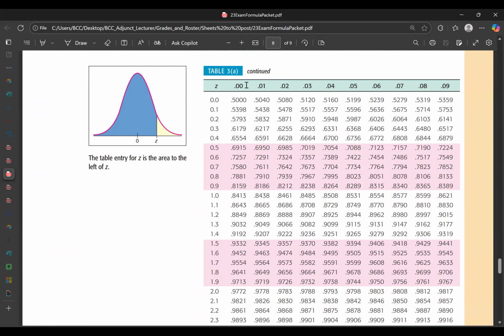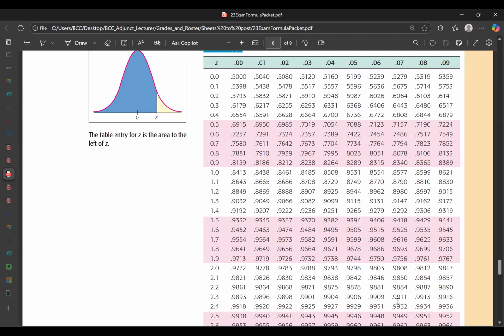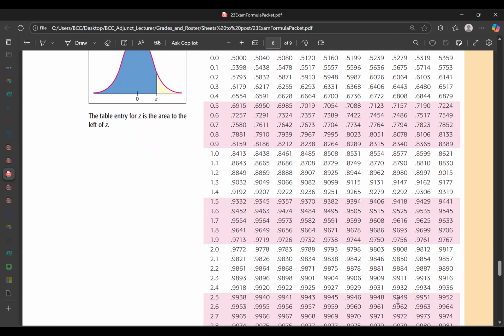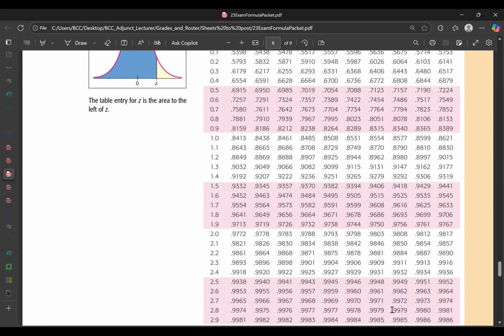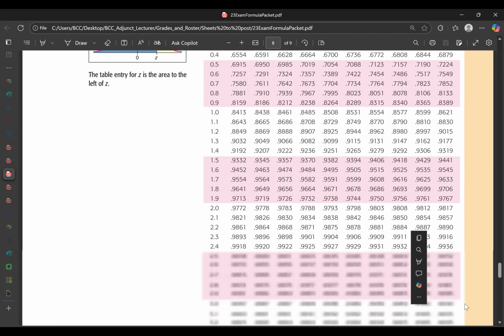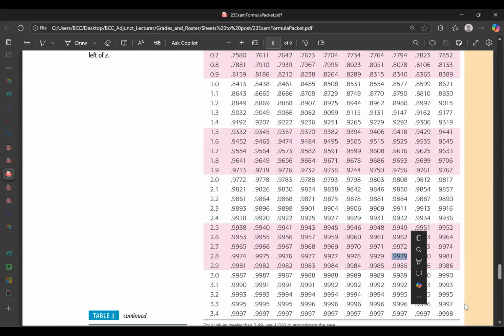So at the top, I have 0, 1, 2, 3, 4, 5, 6. Here goes 7, right? So now 2.87. Let me come down here. Looks like it's going to meet up right here. That's the 7. So that should be about 0.9979, right? Let's write that in, 0.9979.